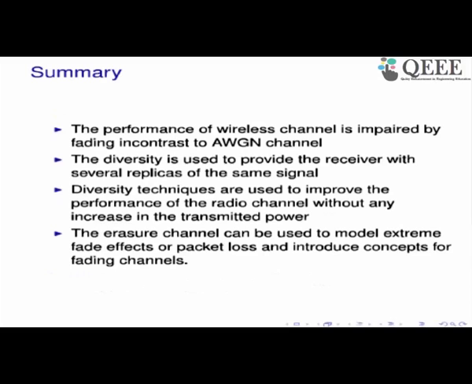What we have done today is introduce the various impairments in the fading channel and contrast that with the AWGN channel, and we said that fading is the main problem. The solution to that is basically diversity. There are many ways of getting diversity, and a very important approach is space or antenna diversity, where you get uncorrelated replicas by separating antennas in space.